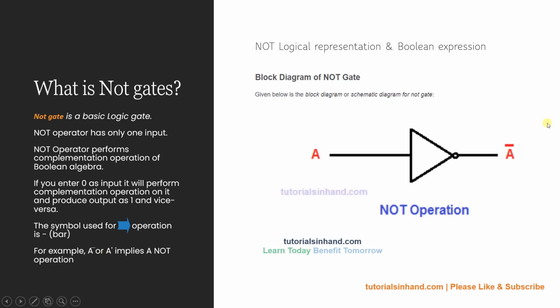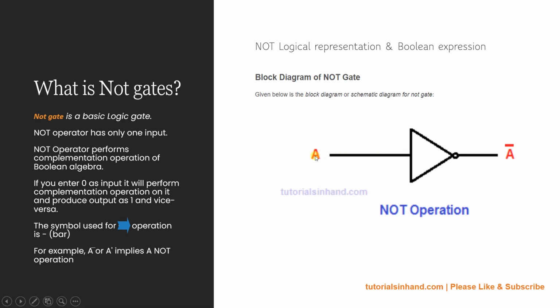So this is the NOT gate block diagram. NOT gate has only one input. As you can see here, you can underline this, that the NOT operator has only one input, and that is why we have only one block diagram for NOT gate, where we will pass an input.